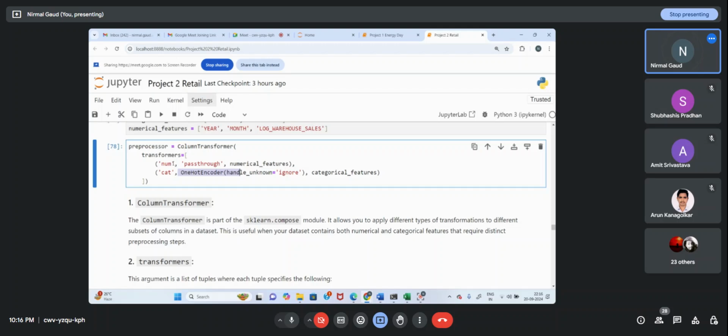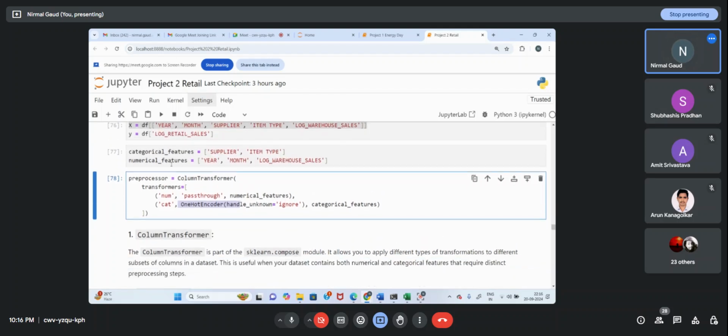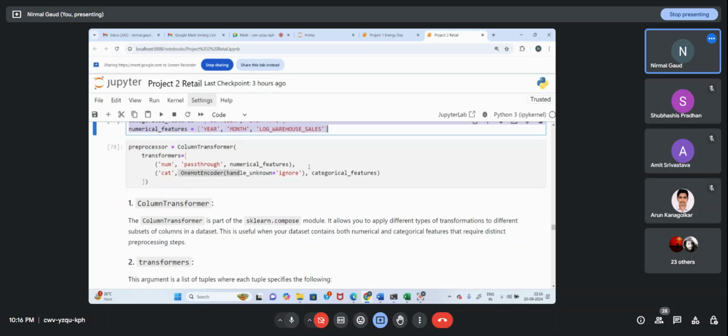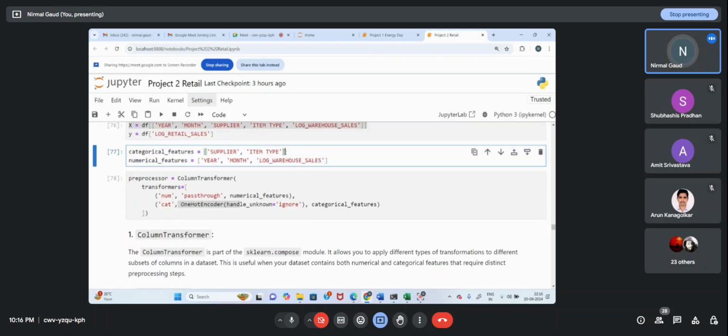So either you can do it separately, or you can use this technique, the column transformer, which is data pre-processing in one go. Numerical I pass, categorical I one hot encode.